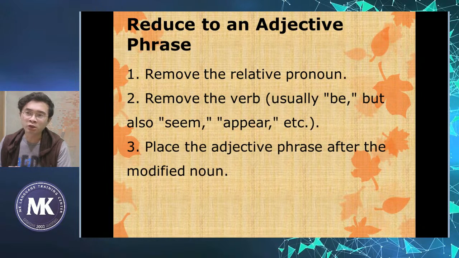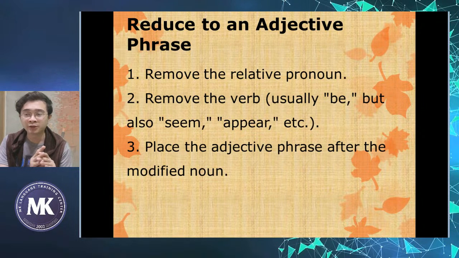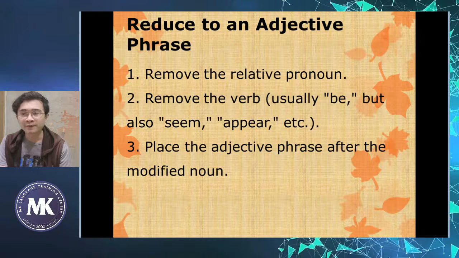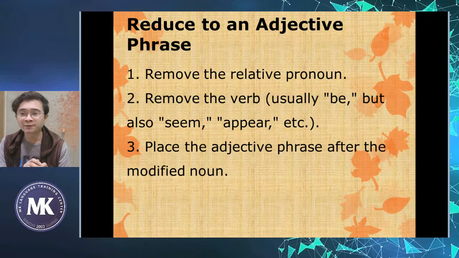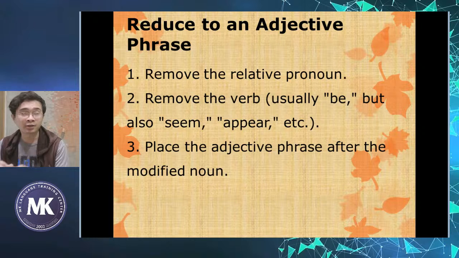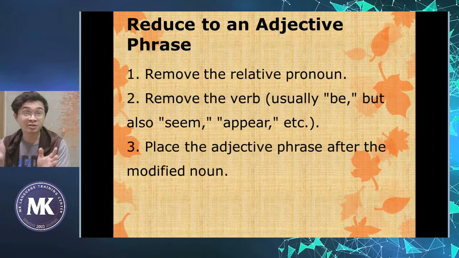If you reduce the relative clause into an adjective, put the remaining adjective before the noun. If you reduce it into an adjective phrase, place the phrase after the noun. So it's kind of opposite.